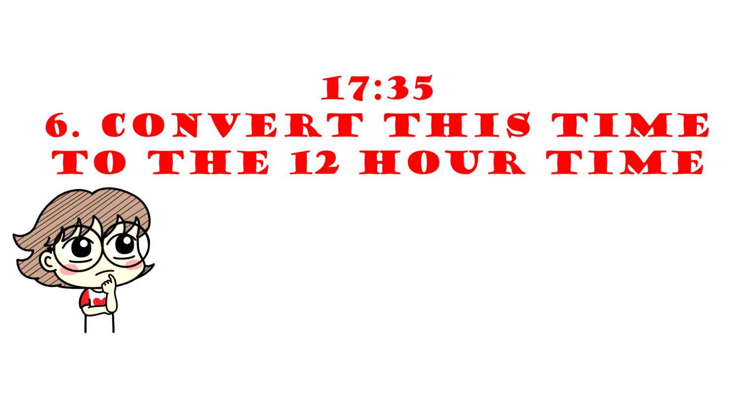Okay, let's reveal the answer. And the answer is 5:35 p.m. And we put PM this time because we know that in the AM we cannot convert it to 24 hours. So then logically we will know that it is PM.